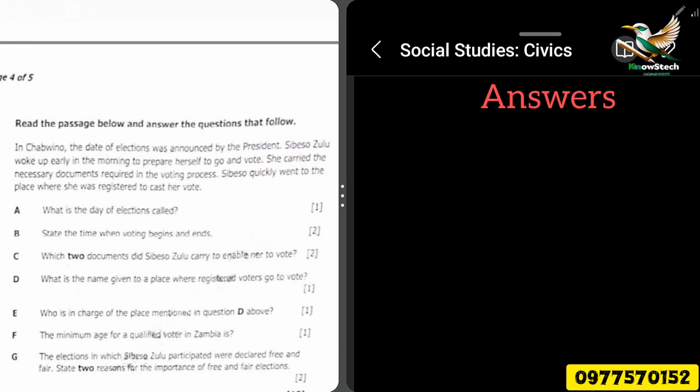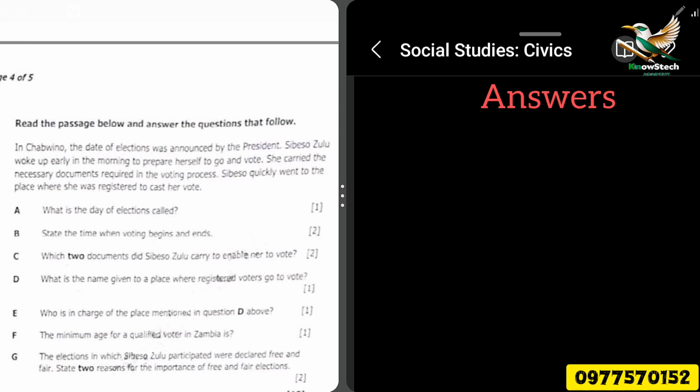She carried the necessary documents required in the voting process. Siweso quickly went to the place where she was registered to cast her vote. Are we together?